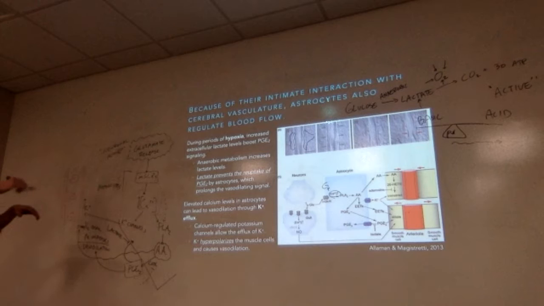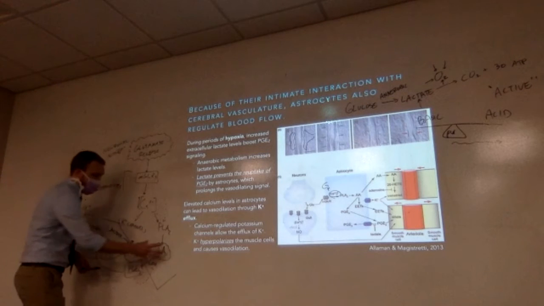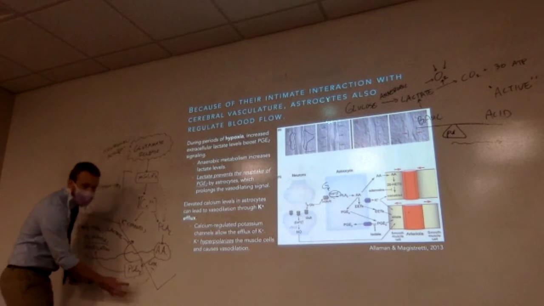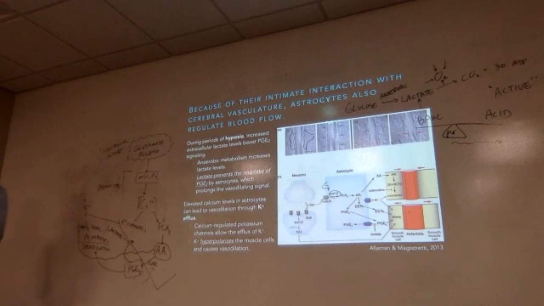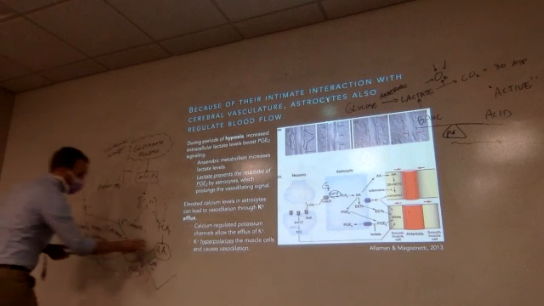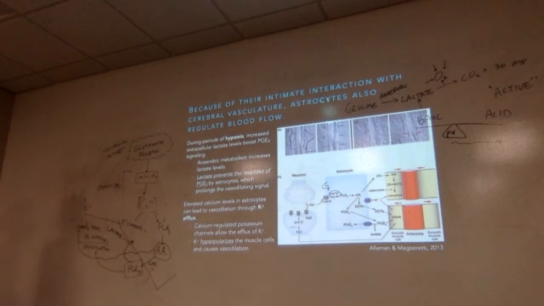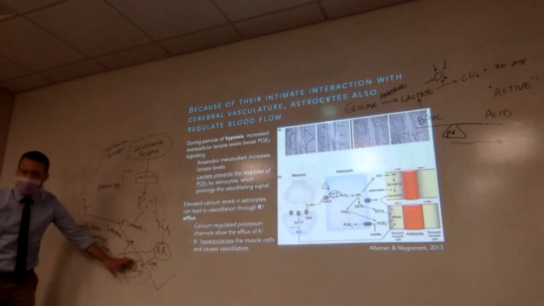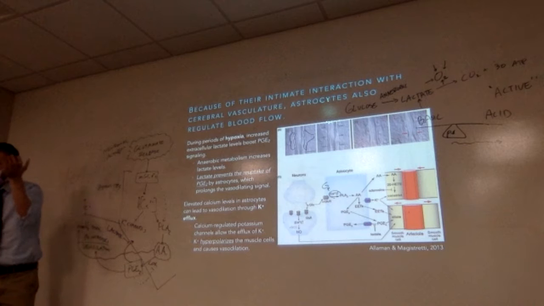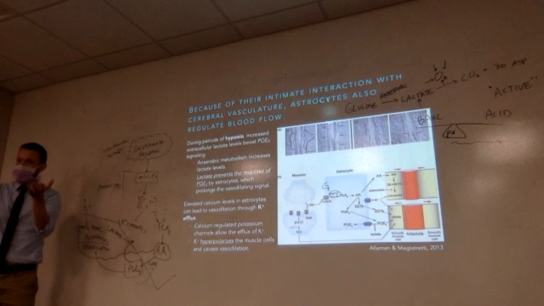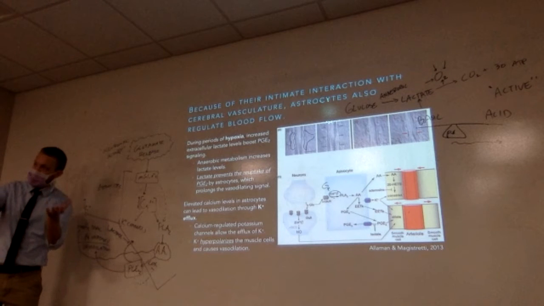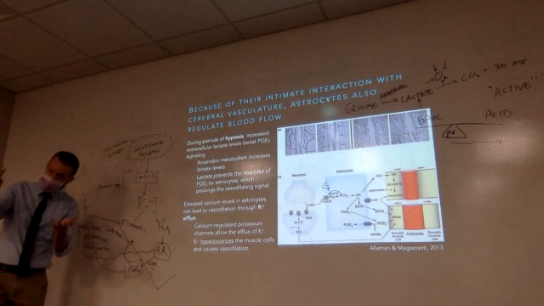So astrocytes are going to be spitting out a mix of arachidonic acid, prostaglandins. They're going to be picking up prostaglandins. Smooth muscle cells in the vasculature are going to be picking up arachidonic acid. If we pick up more prostaglandin, then the balance shifts towards arachidonic acid signaling. If we pick up a little less prostaglandin, well, then we're going to shift toward prostaglandin signaling.